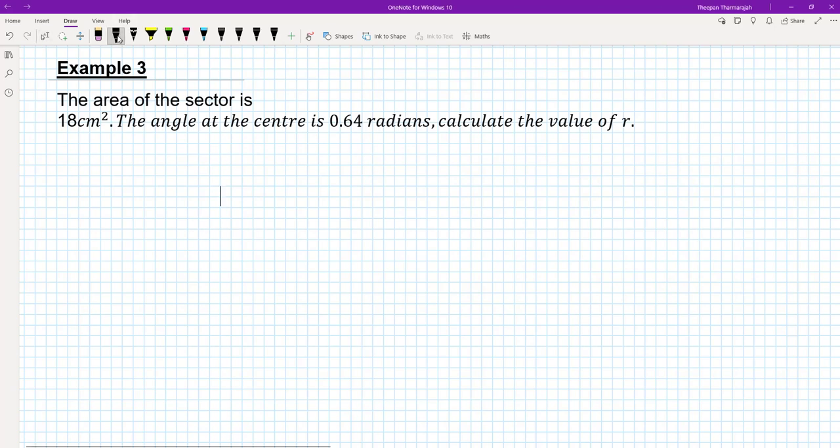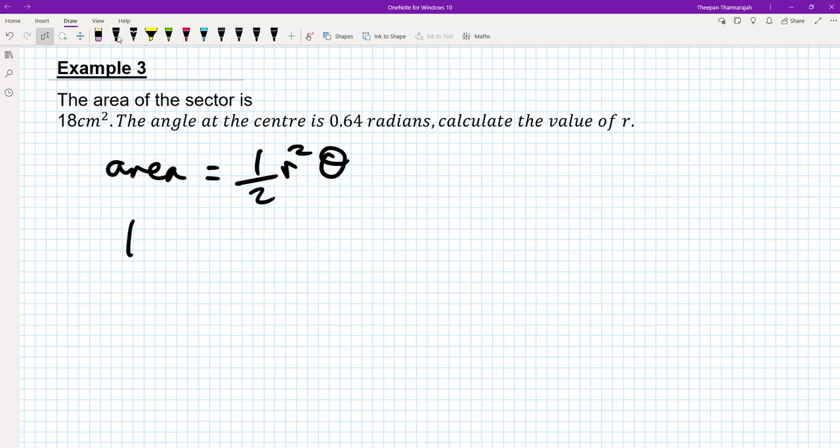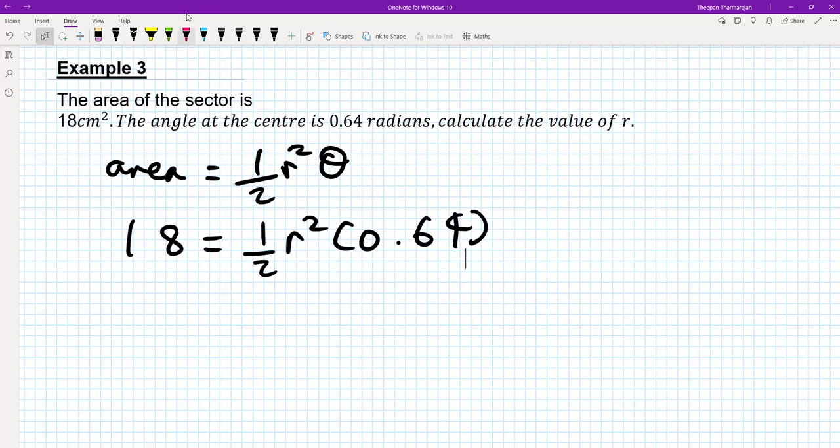So as before, we're going to write down the formula. So the area is going to be a half times r squared times theta. Therefore 18 is equal to a half times r squared times 0.64, and as before, we're going to times this side by 2 times this side by 2, and then we're going to cross out these two respectively.